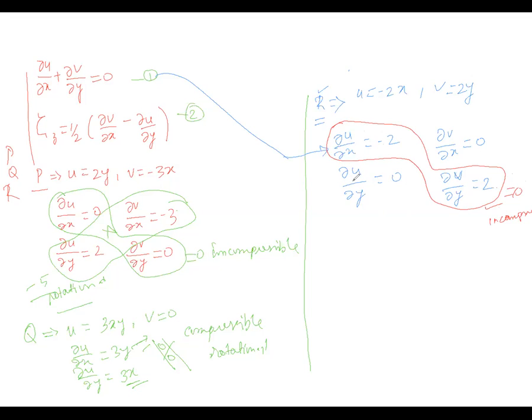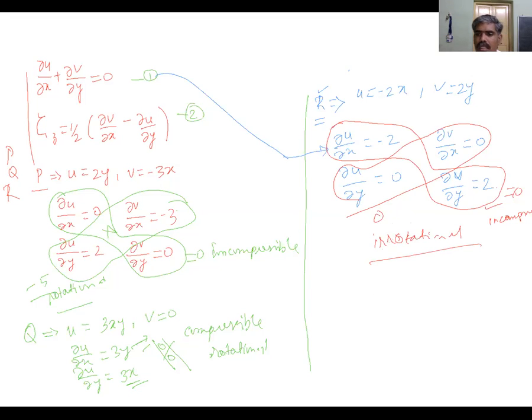Then the rotational condition, dou V by dou x minus dou U by dou y, is also 0, so it is irrotational. So for the given laboratory condition requirement, the fluid R is the applicable one.